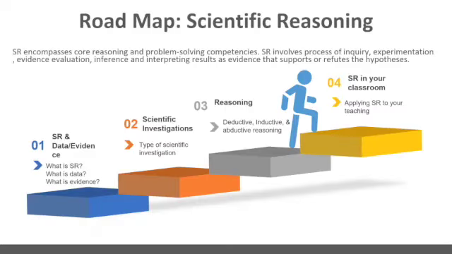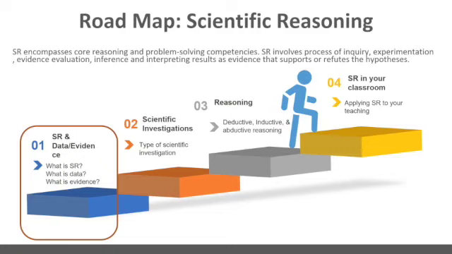The module will use the roadmap to guide your learning experience. The first module focuses on the definitions of scientific reasoning. What is data? What is evidence? In short, scientific reasoning encompasses core reasoning and problem-solving competence, which we will address in Module 3.